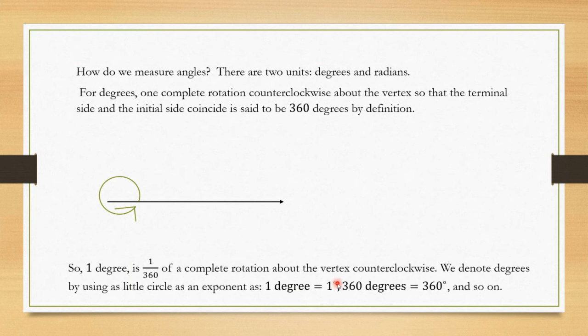It's notation for degrees. So this little circle you could think of as denoting degrees. So 360 degrees would be written this way.